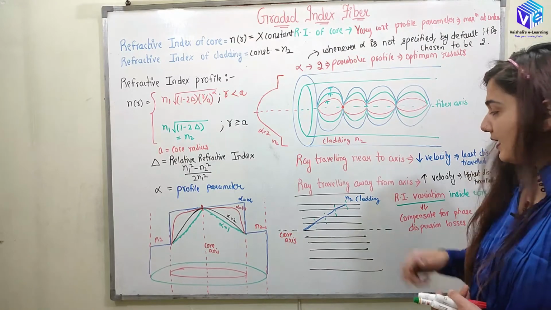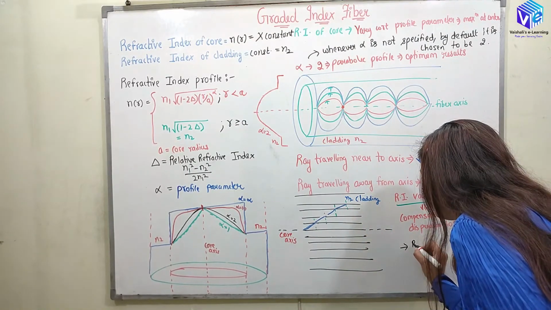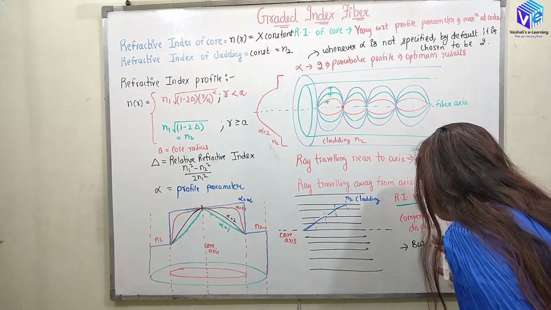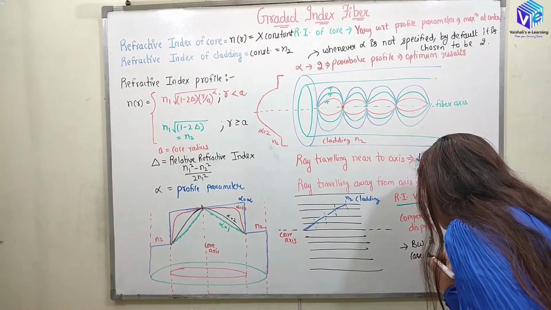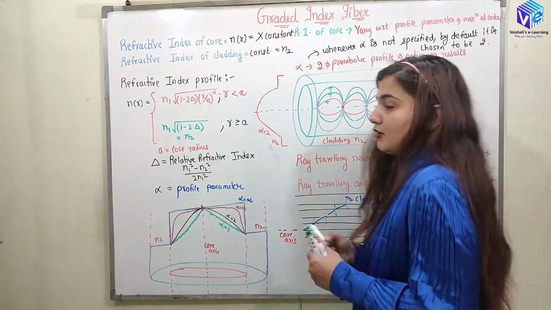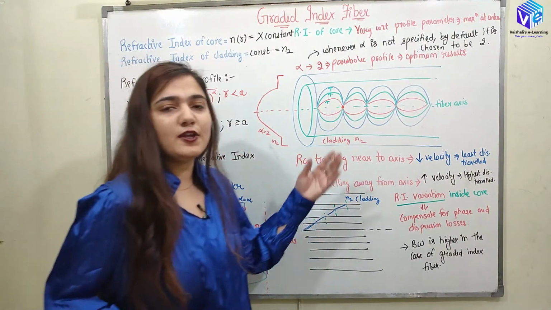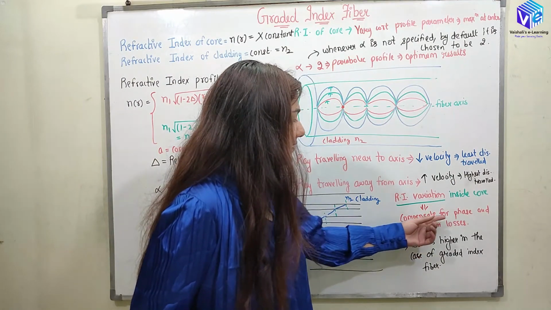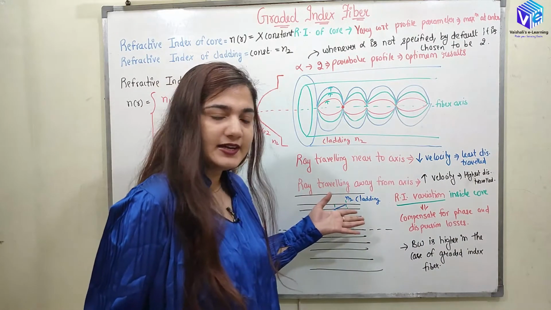So we can say the dispersion losses would be less, and when the dispersion losses are less, I can say the bandwidth is higher in this case. Although multiple modes are propagating over here, the bandwidth is still higher, because we are compensating for the phase and the dispersion losses because of the refractive index variations.